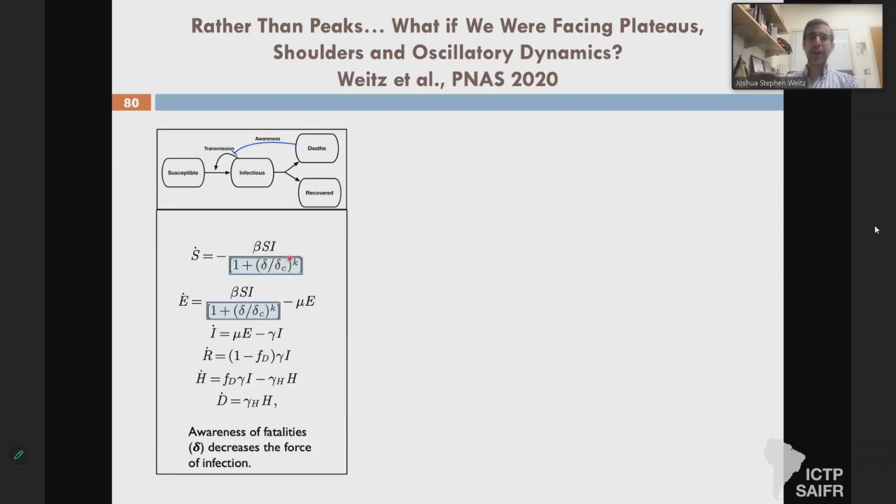When this term is much higher than this critical awareness level, where the nonlinearity shows up in this K, then people realize there's a lot of local transmission in terms of severity, in terms of fatalities, because it's really the fatalities and the hospitalization that led to lockdowns, not the transmission in and of itself. And so when this is much above delta C, this critical level, then there will be no transmission. People will reduce their interactions.